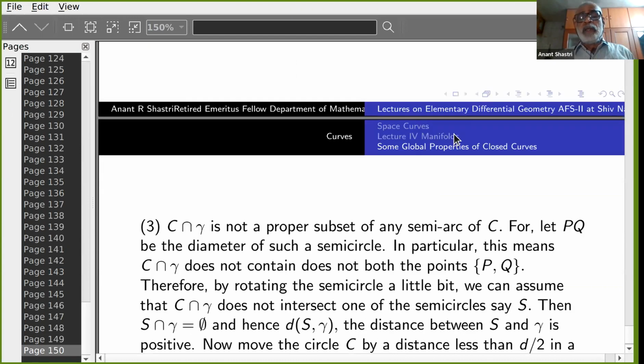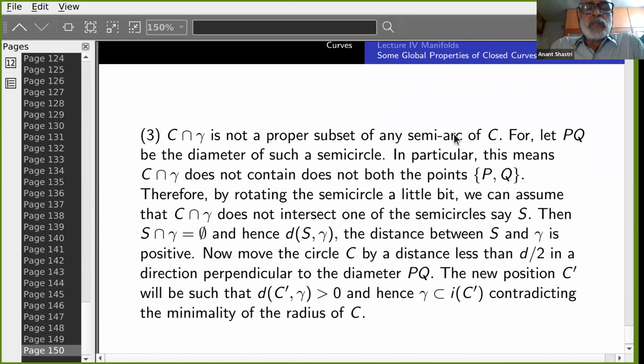The third thing is: C intersection gamma is not a proper subset of any semi-arc of C. What is the meaning of semi-arc? Take any diameter, take the part of the circle on one side.